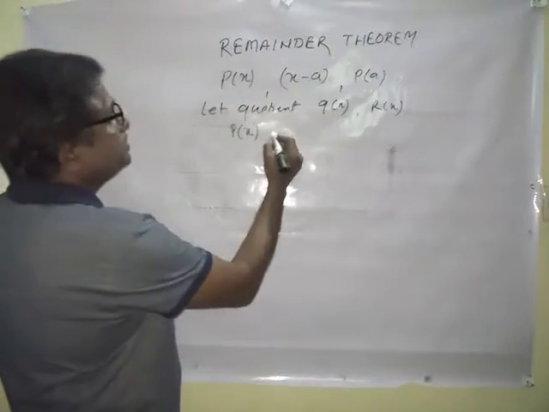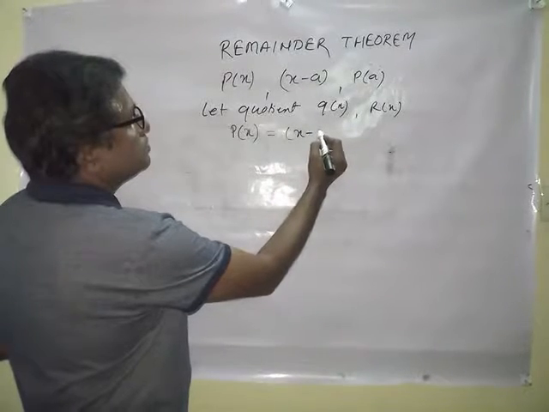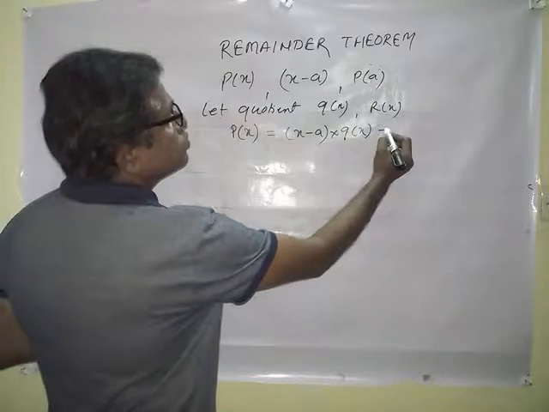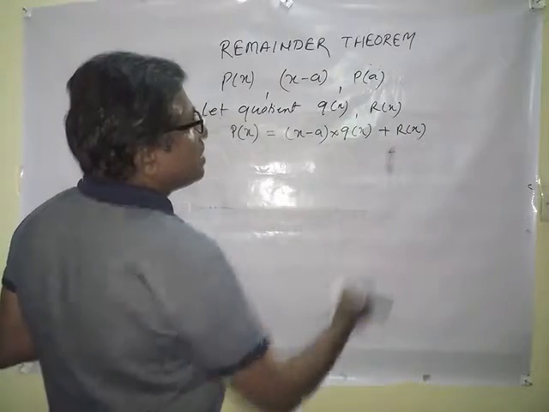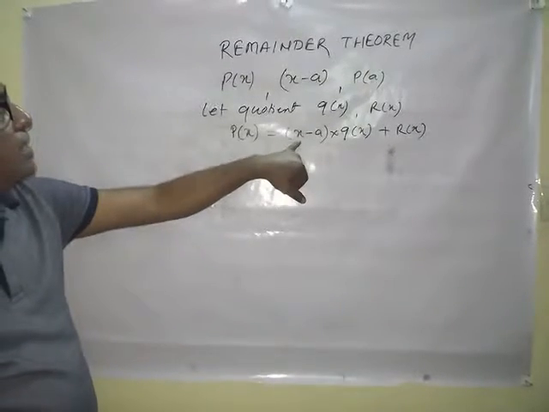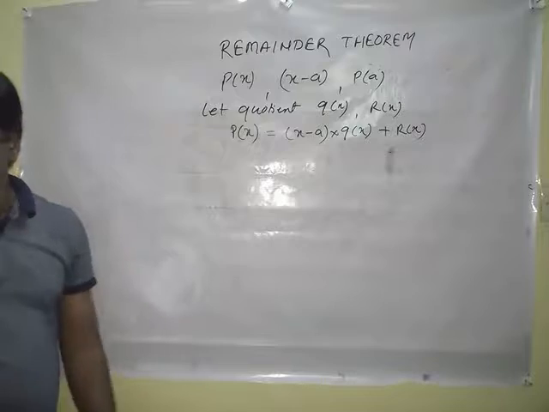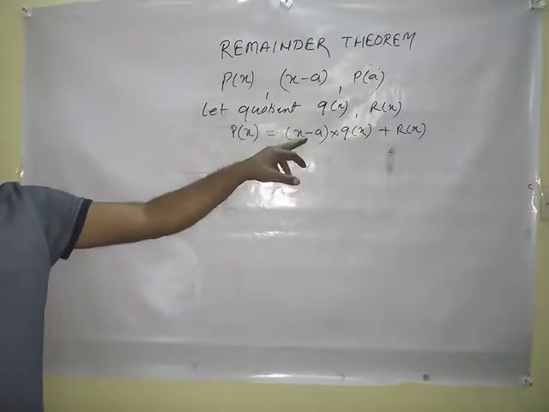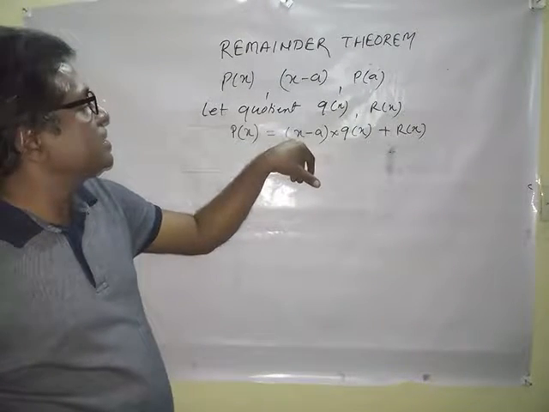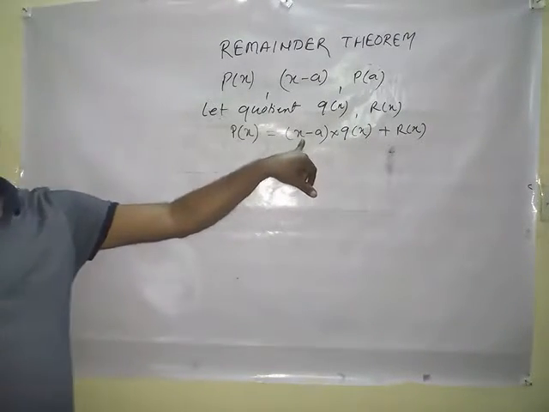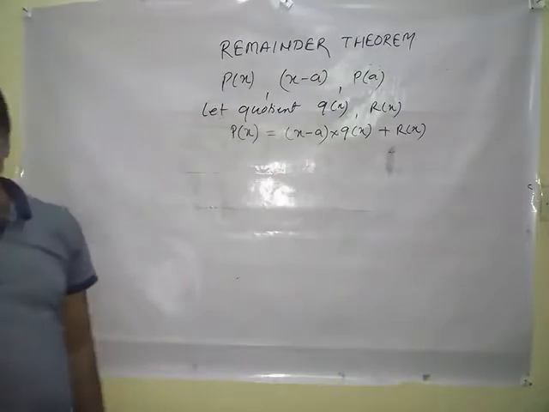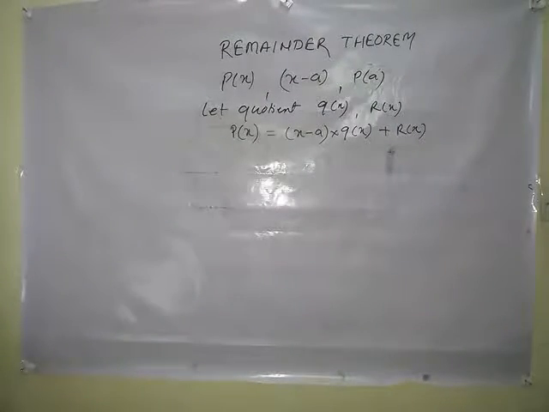Say the remainder is r(x). So P(x) will be divisor multiplied by quotient plus r(x). In any polynomial division, the degree of the remainder will always be lesser than the degree of the divisor. Here the degree of the divisor is 1, so the remainder degree will become 0.